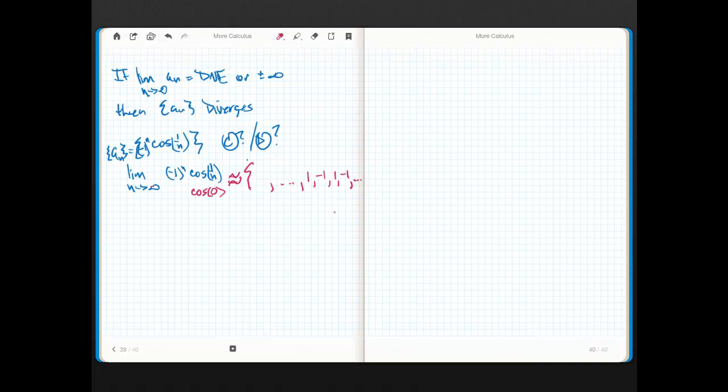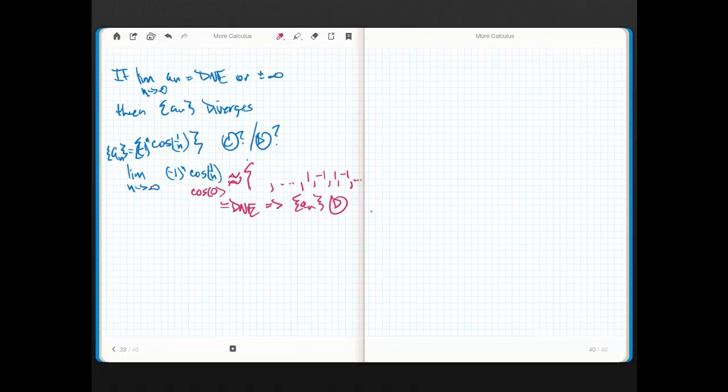But Ripley, I go to 1. No, I don't, because the next term's negative 1. But Ripley, I go to negative 1. No, I don't, because the next one goes to 1. You see how that works? So this limit does not exist, which implies that a sub n is divergent.